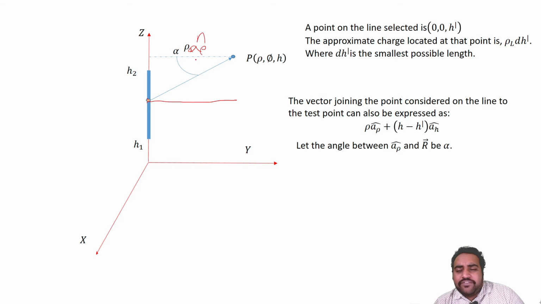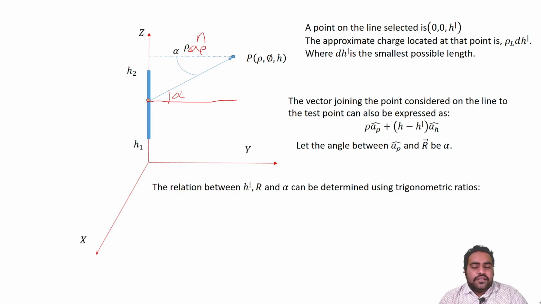So the angle between rho arrow cap and this is alpha. Let that be alpha. Again, this would be alpha. That is alpha, this is alpha because they are interior alternate angles. So now you see that I have formed a beautiful triangle over here.